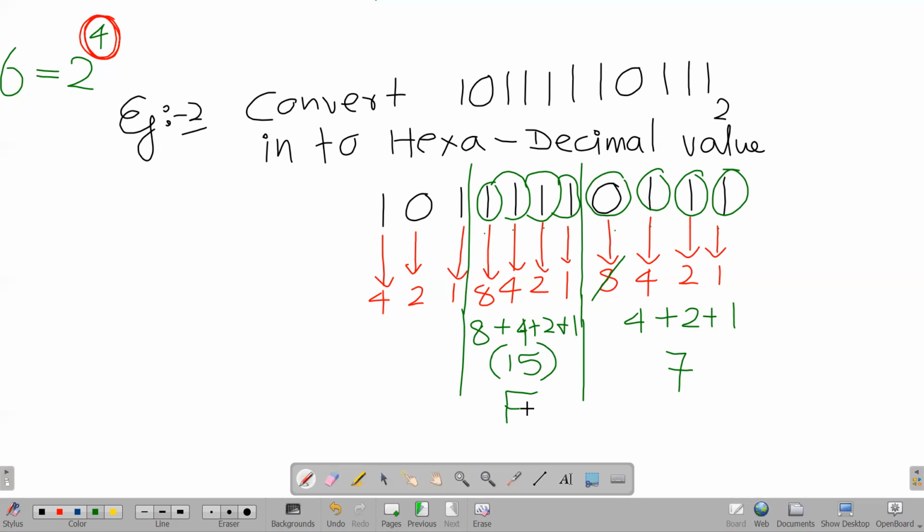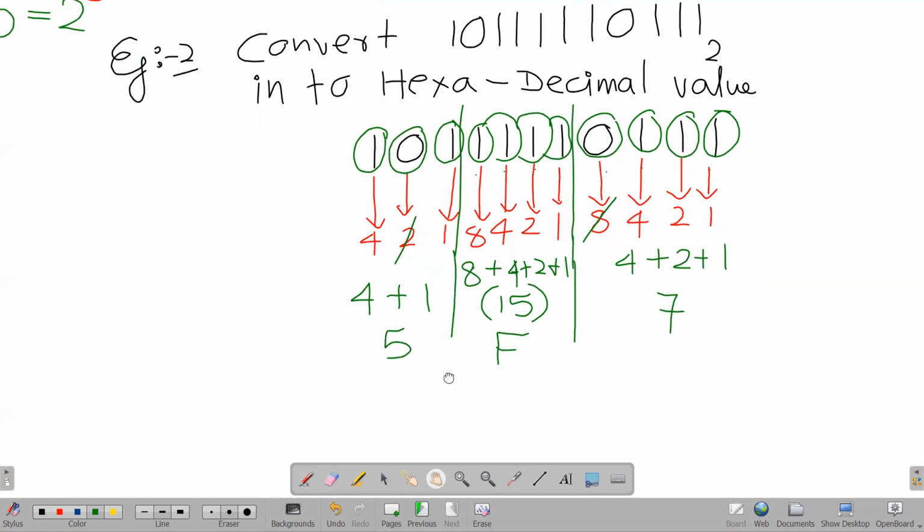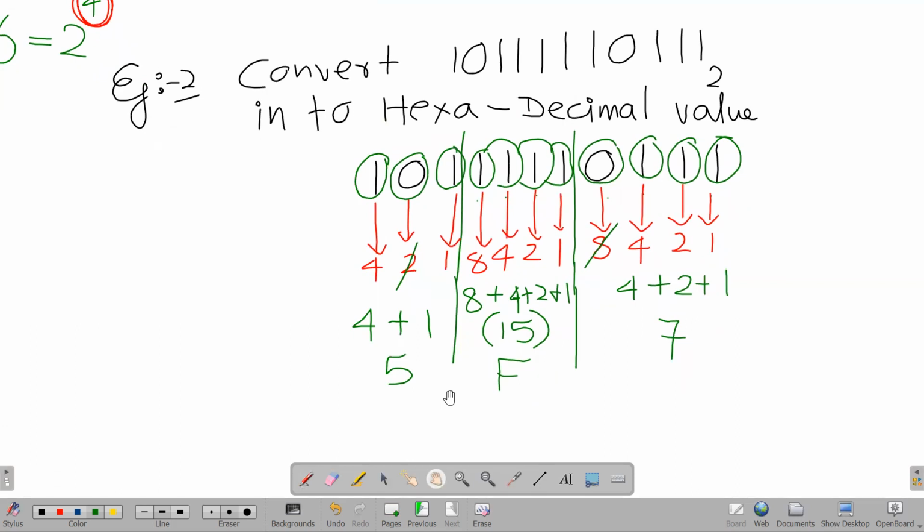And over here, there is a 1 above the positional value 1, and there is a 1 above the positional value 4, and there is a 0 above the positional value 2. So we disregard 2. It's just 4 plus 1, which gives you a 5. So the final answer is going to be, now you know it, right?